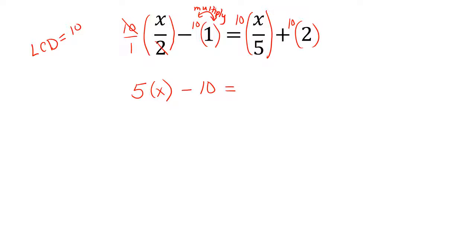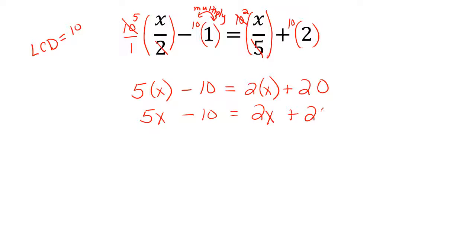Then we will cross-cancel and divide. 10 divided by 5 is now 2. And 2 is left times x. And last but not least, 10 times 2 is 20. So we have 5x minus 10 equals 2x plus 20.